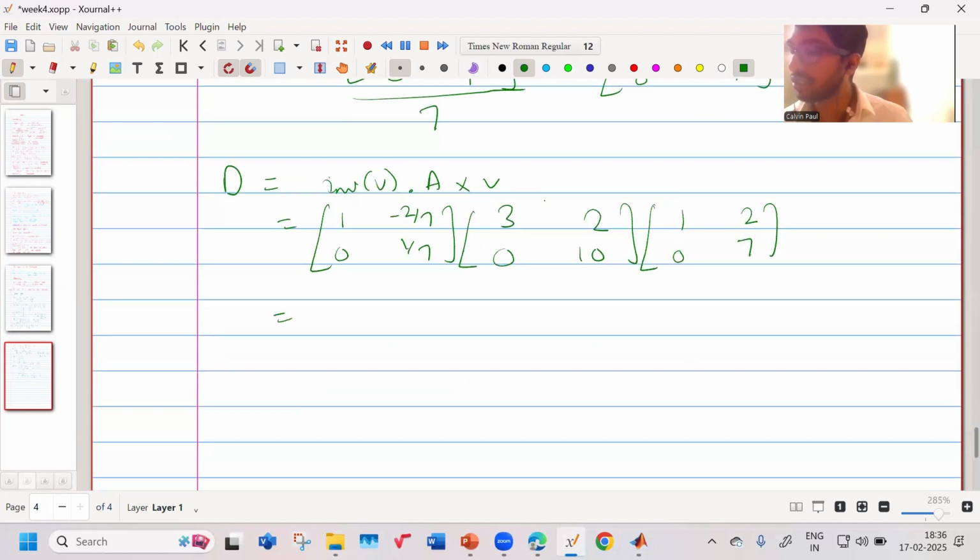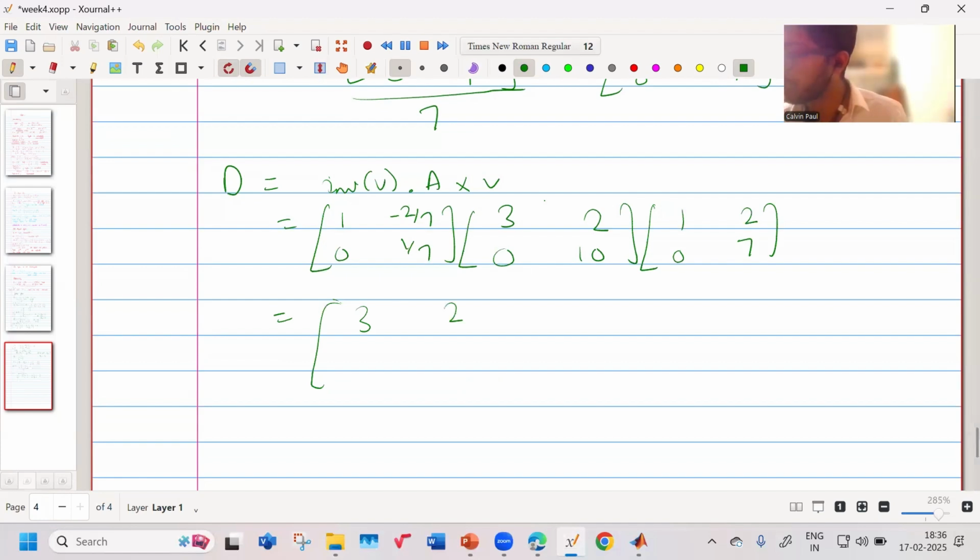So this actually is equal to 1 into 3, that is 3, into 0, so it is 3, then 1 into 2 and minus 20 by 7, so 2 minus 20 by 7, so that is 14 minus 20 by 7.